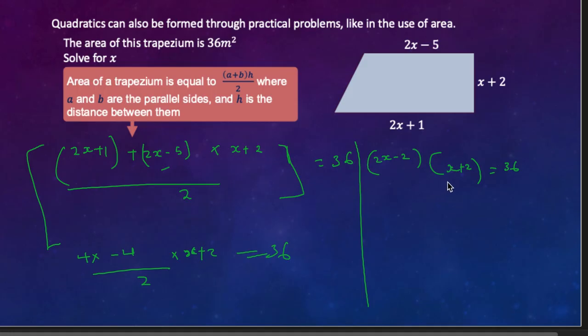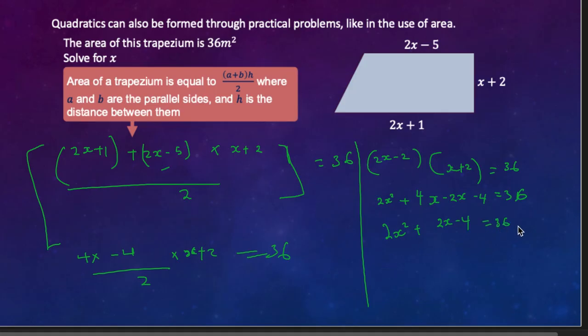Then we can expand it to get 2x squared plus 4x minus 2x minus 4 equals 36, and collecting like terms will give us 2x squared plus 2x minus 4 equals 36.